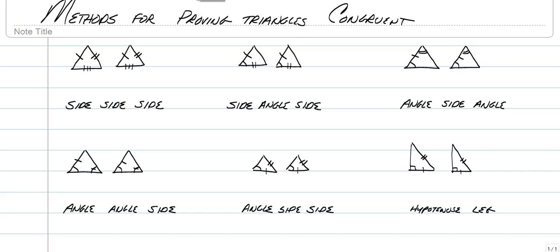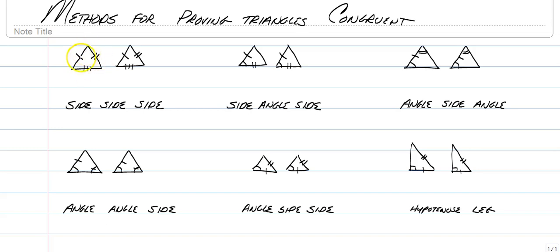So remember, when we have congruent triangles, we have 2 triangles that have corresponding parts that are congruent. So if you look at this example, this is just to show you the patterns of what we're looking for. Side, side, side doesn't mean 3 sides in one triangle.